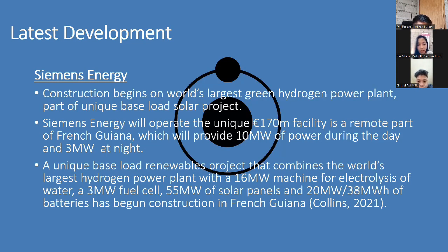A unique baseload renewables project that combines the world's largest hydrogen power plant with a 16 megawatt machine for electrolysis of water, a 3 megawatt fuel cell, 55 megawatts of solar panels, and 20 megawatts to 38 megawatt-hours of batteries has begun construction in French Guiana, Collins 2020.